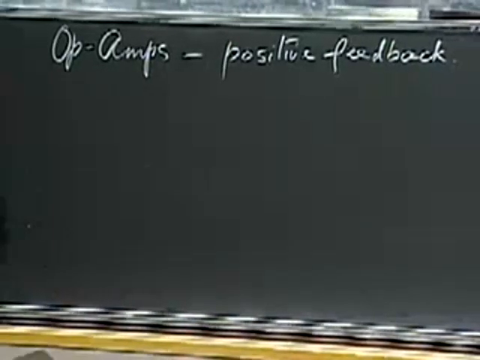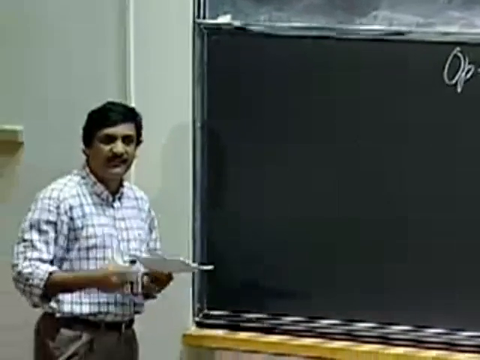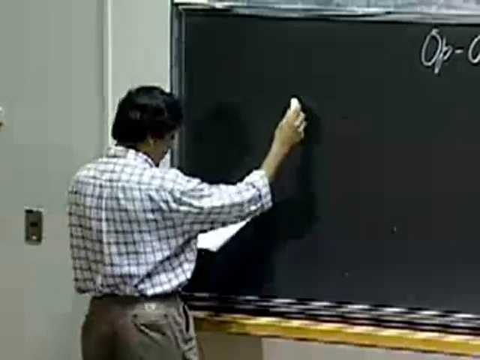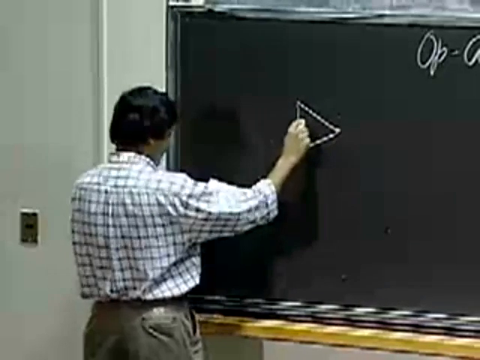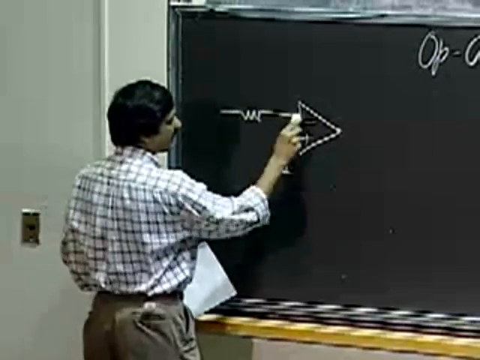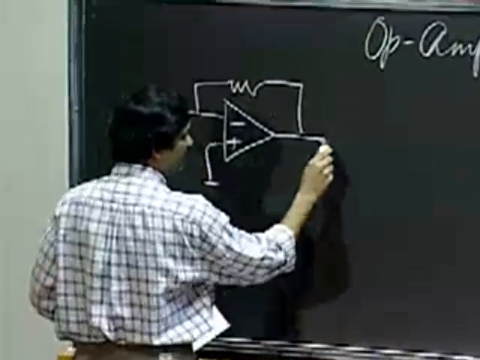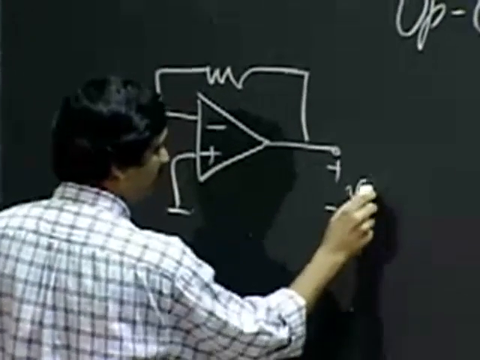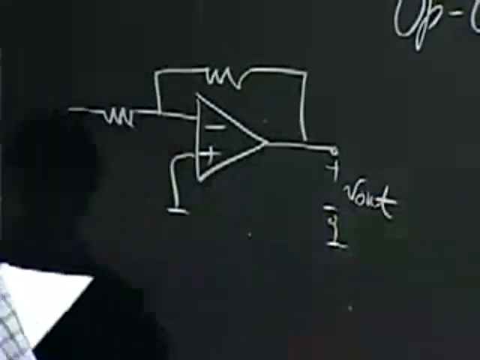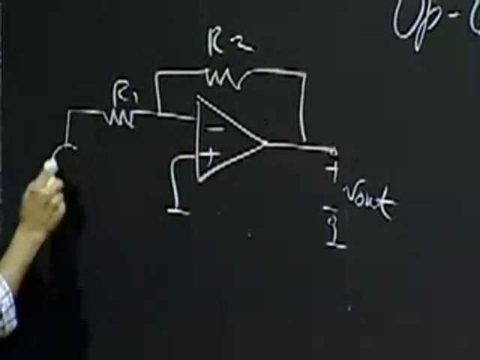As motivation, let me do a quick review of a circuit that should now become fixed in your brains in a standard pattern. So this is a circuit that gives you negative feedback. R1 and R2.